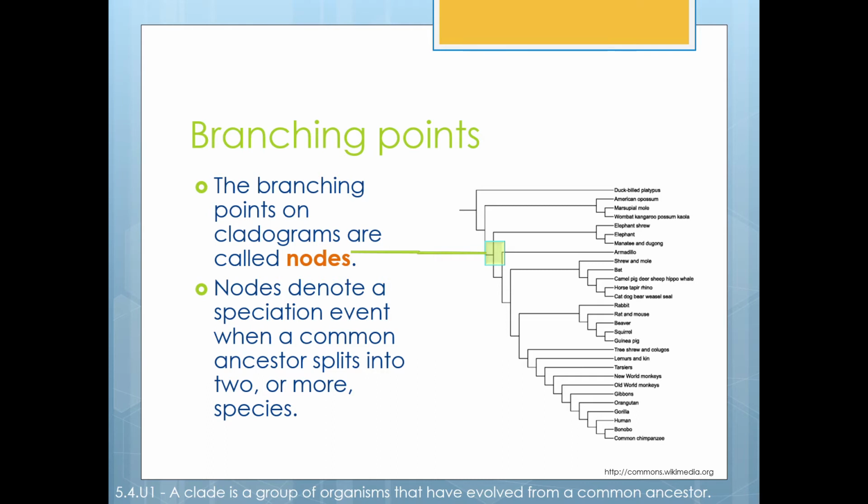And if you look at the group which starts with American opossum, it is obvious that opossum, marsupial mole, and wombat are close relatives. But what you see here on this diagram means that actually marsupial mole is a closer relative to wombat than both of them are to American opossum. However, it is their next of kin.